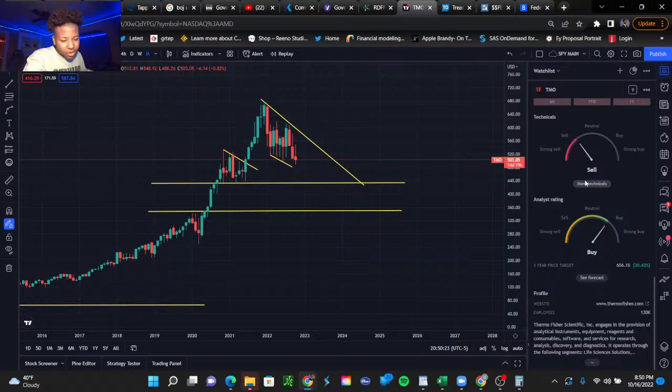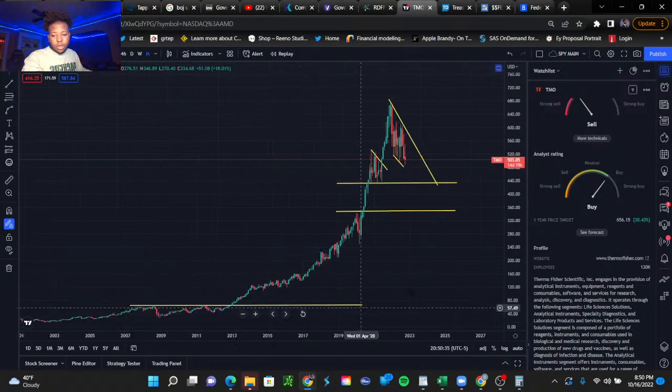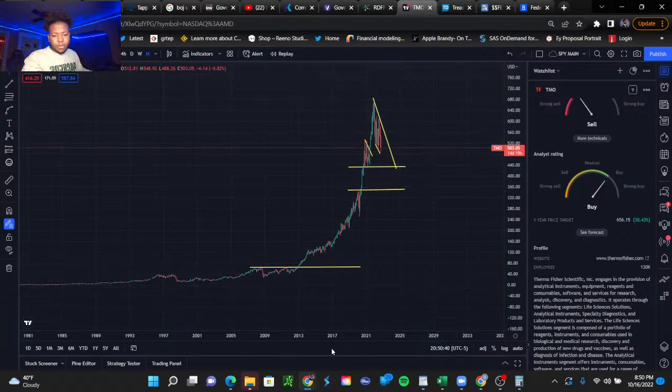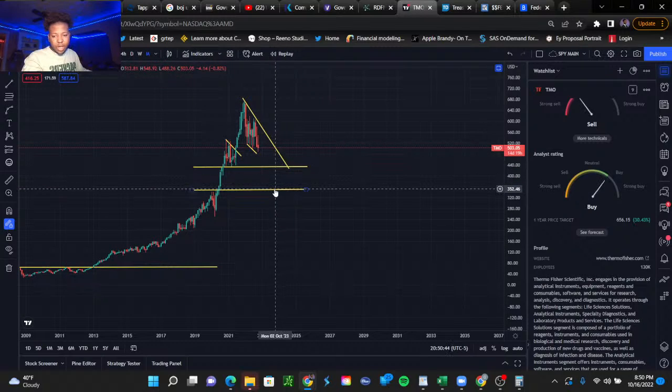It operates through four segments: life science solutions, analytical instruments, specialty diagnostics, laboratory products. Honestly, this is one on my radar. I'm not sure if you like this one or not, but at a certain price, I really like this one.